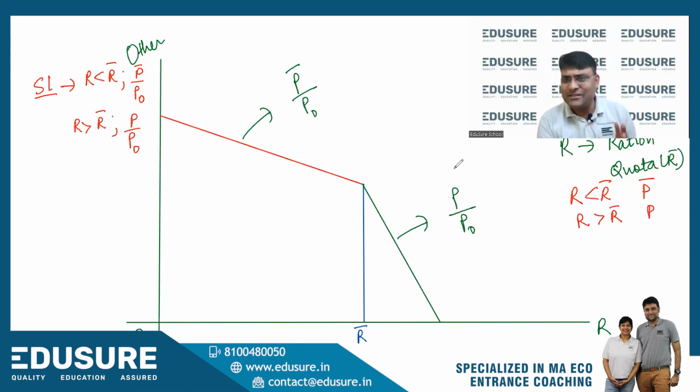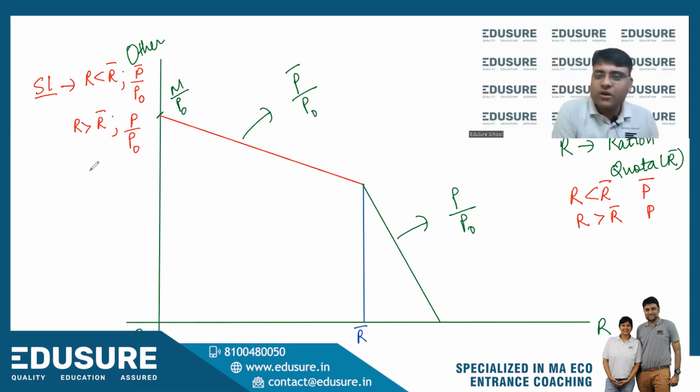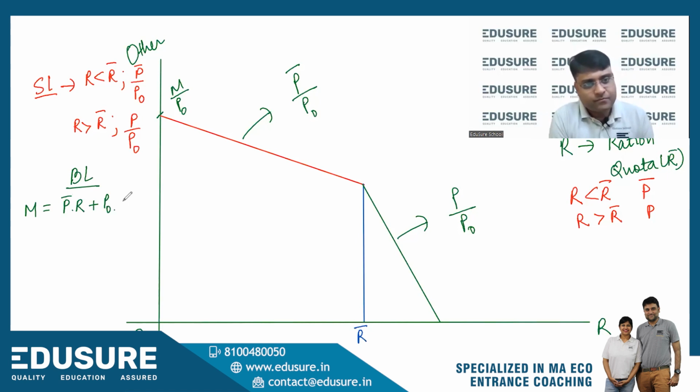Am I making any sense? And this point is basically my entire money income. Say my money income is M, so M divided by price of other good. Sir, what will be the budget line? Okay, the budget line can be written as money income M equal to P bar into the quantity of rice plus P naught into O, where O is the other good. This will be the budget line for R less than R bar.